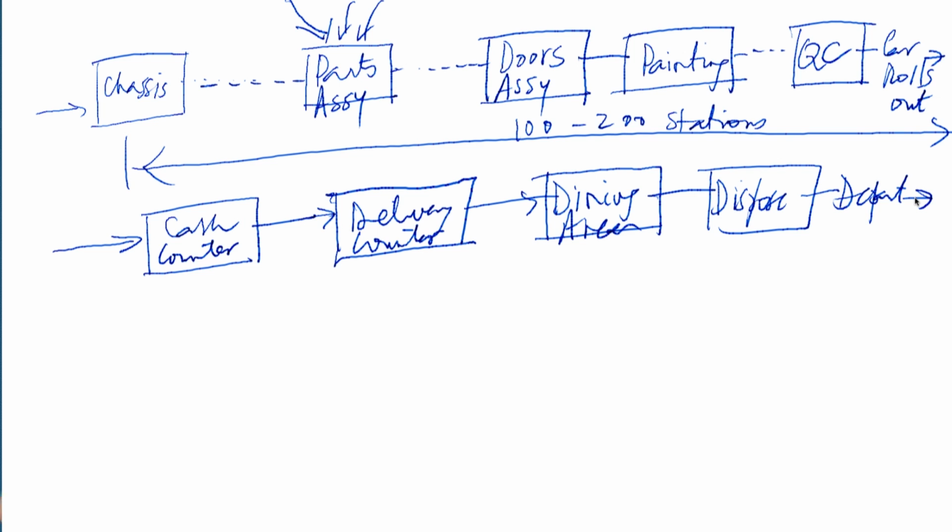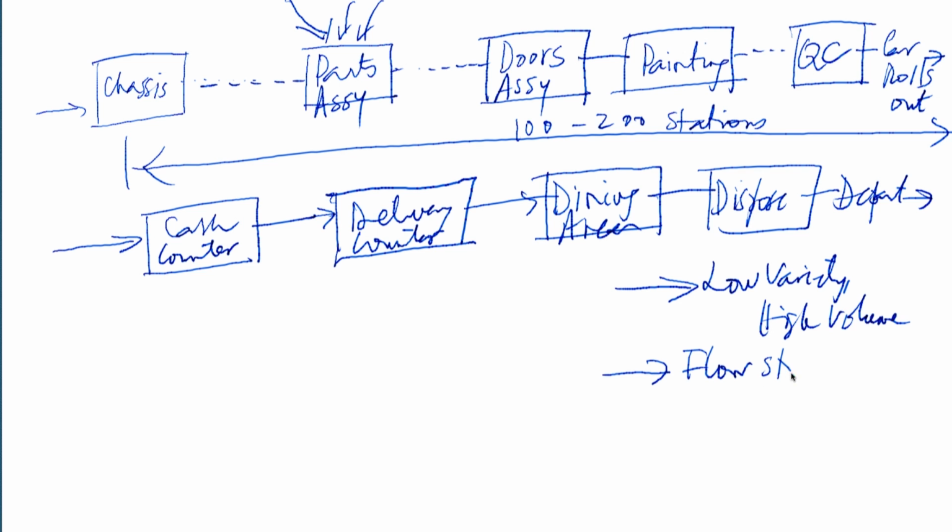So here is one manufacturing example and one service example, and if we look at it, there are a few things which we will notice. The first thing is that such systems typically have low variety and high volume. This is very characteristic of such systems, which means the flow will be very streamlined because of low variety and high volume.